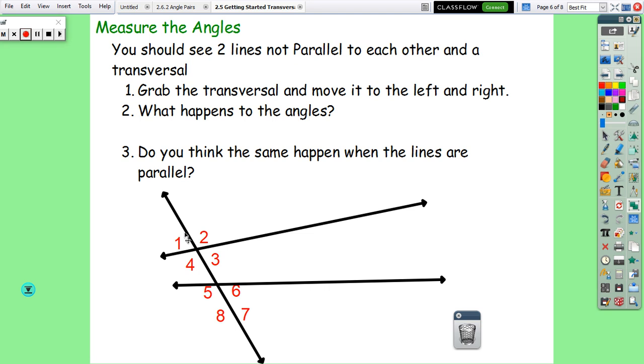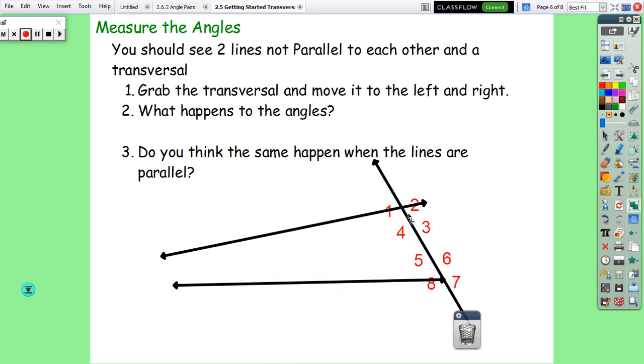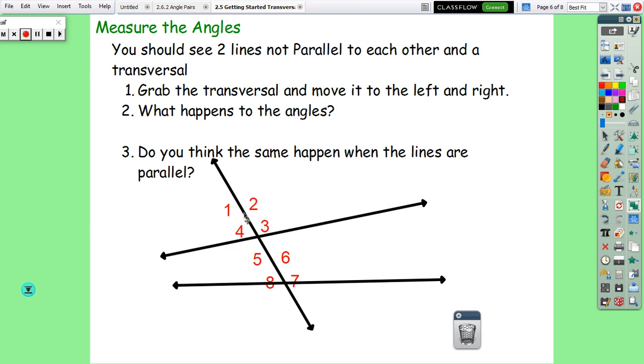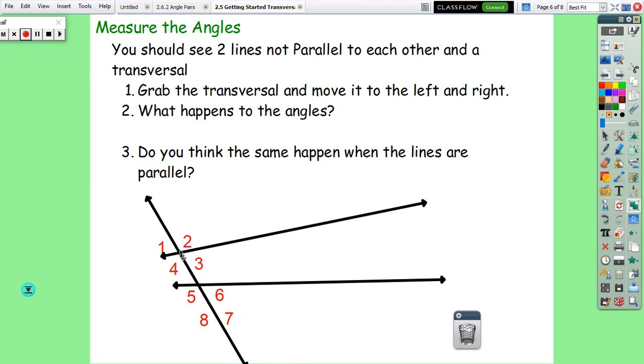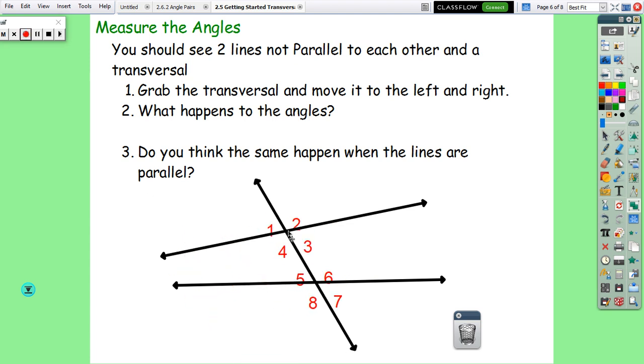So what's happening to these angles is that those angles are not staying consistent. They're not staying congruent. And we could take a protractor and measure them, but I'm not going to take the time to do that right now. You'll just have to take my word for it. Okay? So these angles are changing as that transversal moves.